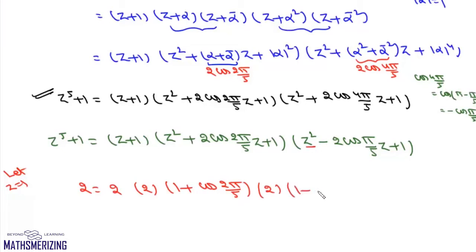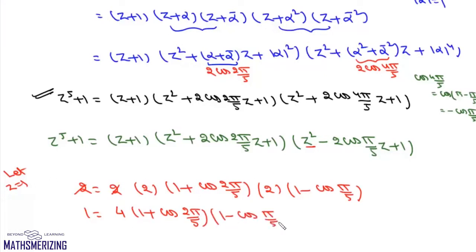We'll get 1 minus cos pi by 5. We'll cancel this 2 with 2. We can write 1 equals 4 into 1 plus cos 2 pi by 5 into 1 minus cos pi by 5. Now we'll use the half angle formula for both these factors.